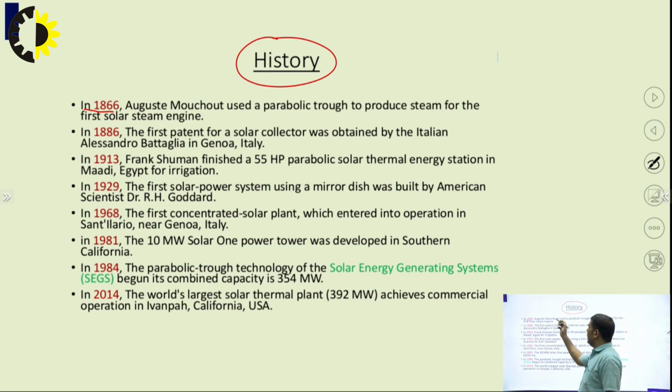So you can say Auguste is the first person who introduced the solar steam engine concept in 1866, around 155 years before.